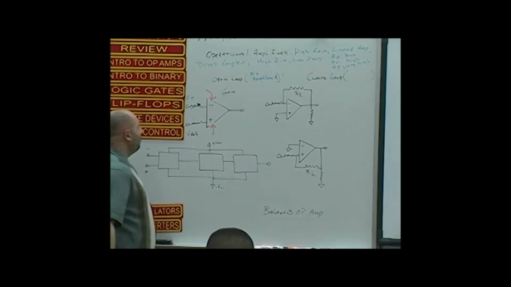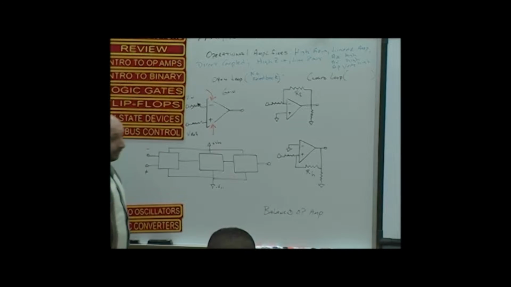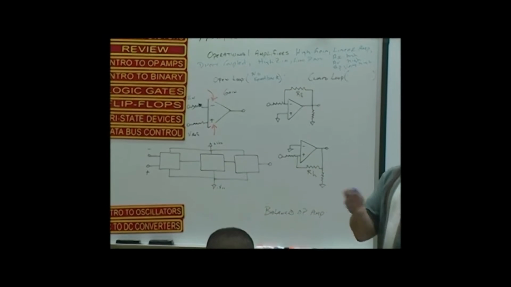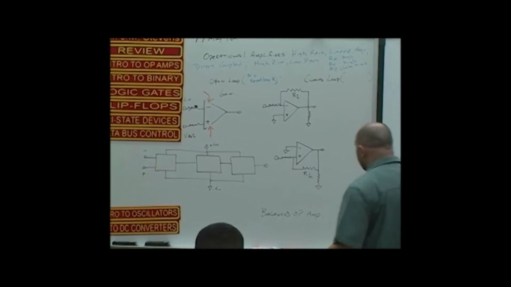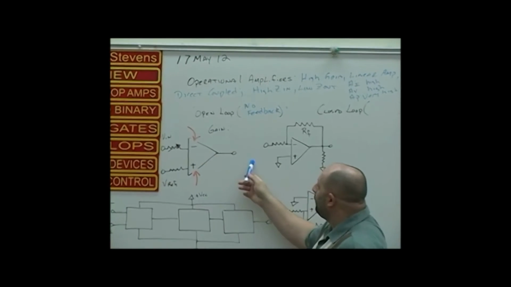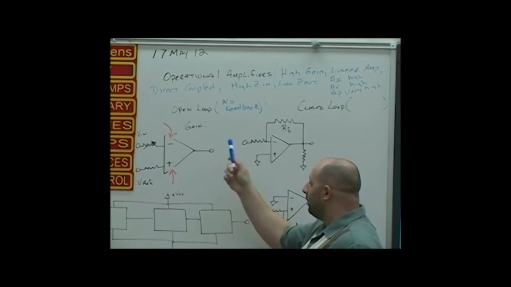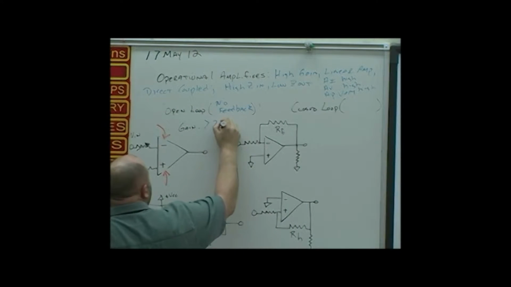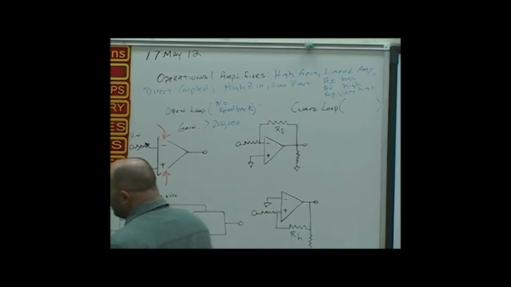So therefore, the chip we talked about, the LM741, its main purpose is voltage amplification. If I leave it in an open loop configuration, the gain for this type could exceed what? 200,000. Very good. It'd be greater than 200,000.